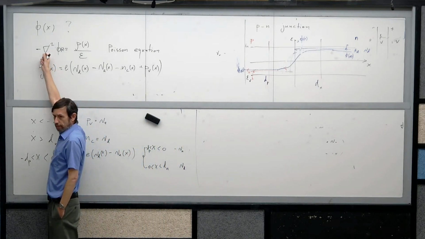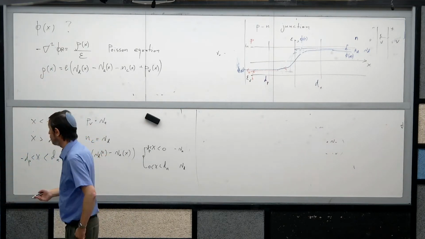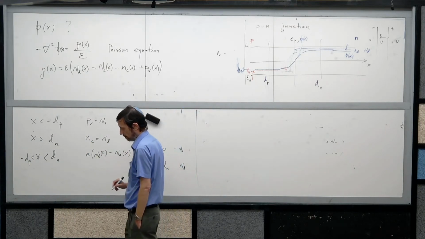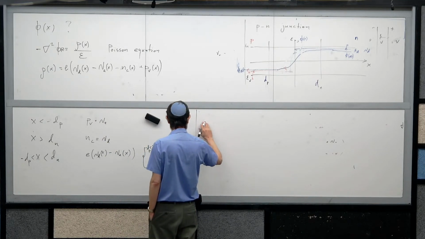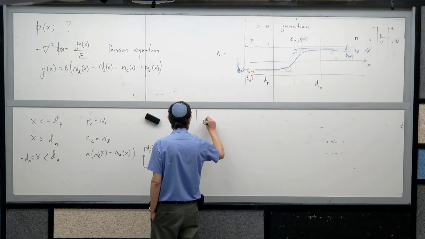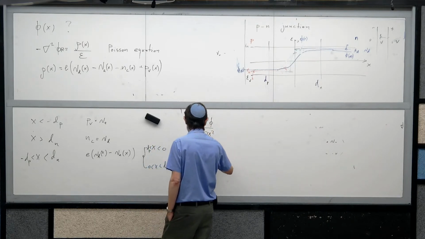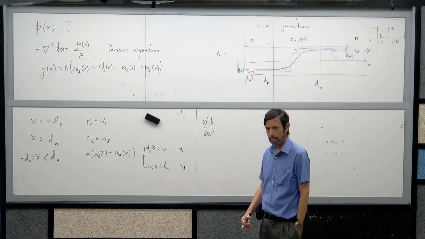I don't need vector notations here, it's one dimension. So I have simply minus, or for simplicity let's already write just the second derivative of the, yes.